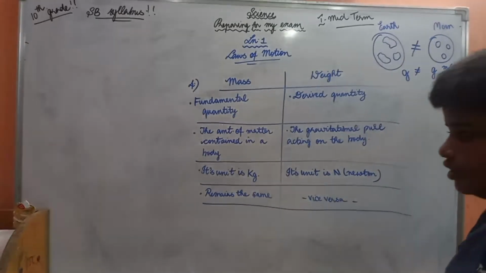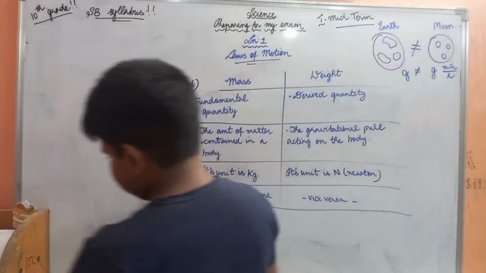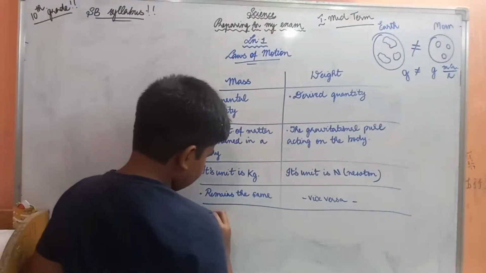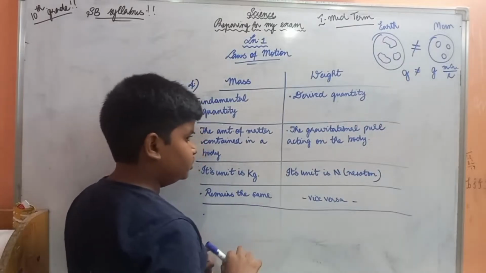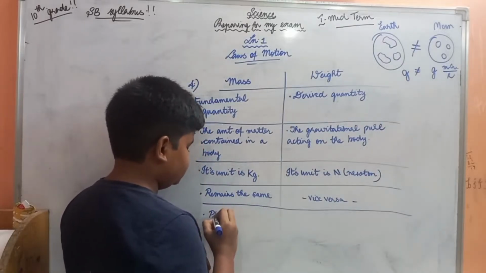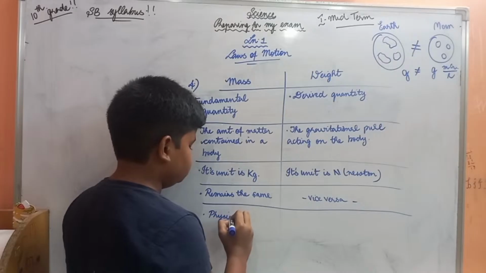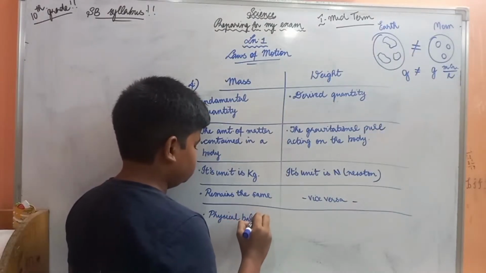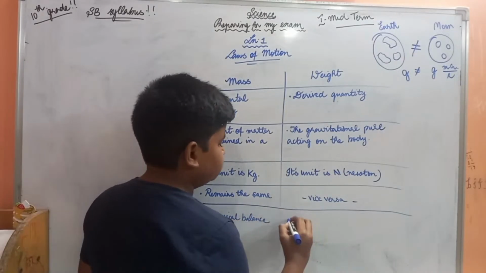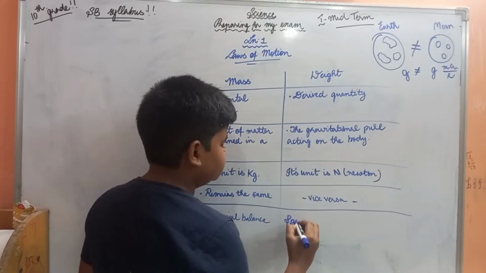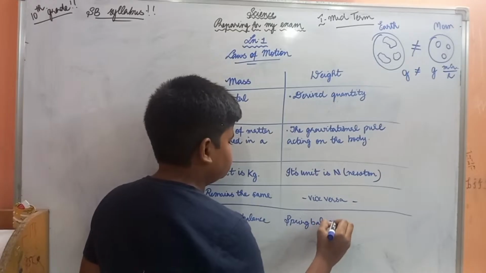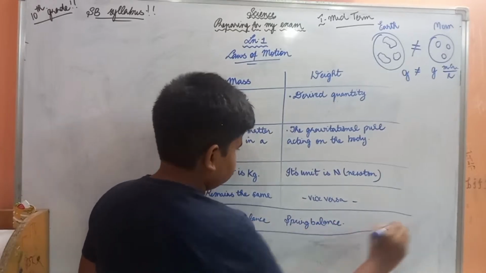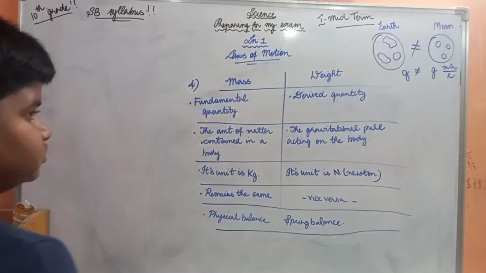G is the gravitational constant. Last one is that mass is measured by physical balance and weight by spring balance. So this is it.